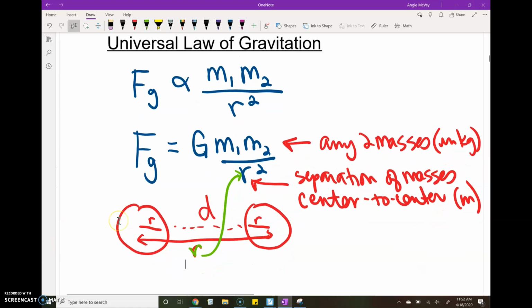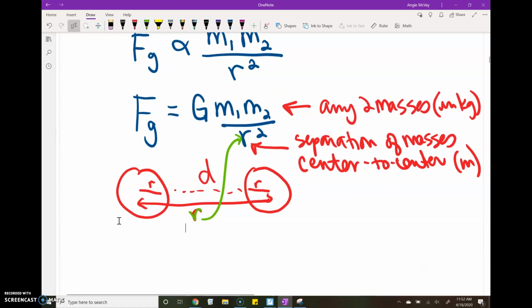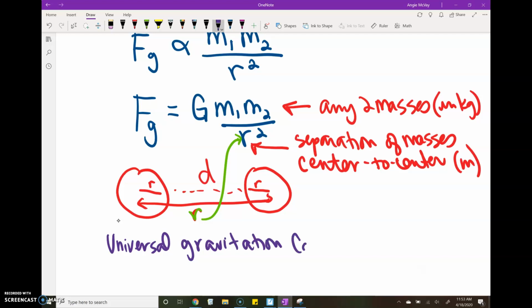Okay, so let's take a look at what this big G is. So capital G is called the universal gravitation constant. Okay, and it's abbreviated as a capital G. So we can't just say G and think it's acceleration due to gravity anymore.